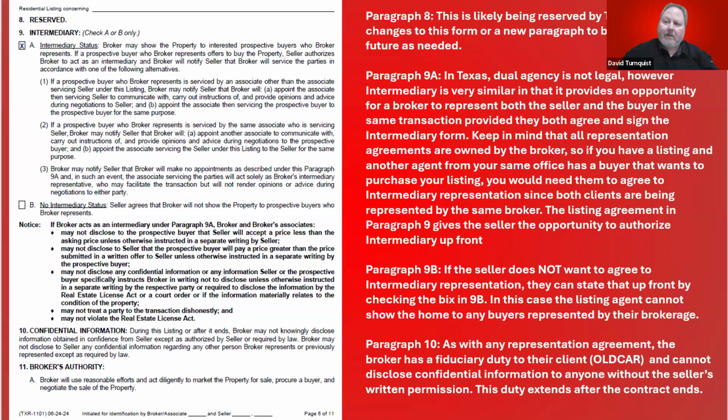That's a pertinent fact about the property, but you don't tell somebody that they're getting divorced or why they're selling or whatever. And that survives the deal and the contract. It's like attorney-client privilege. You can't reveal that information forever. All right, let's move on.